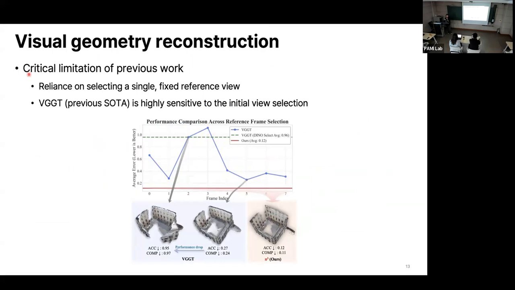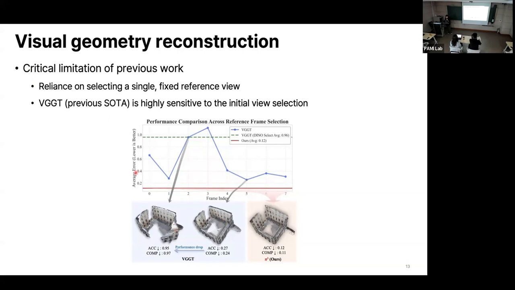But this previous work also has some critical limitations, and this paper points out these limitations. The most important thing is the high reliance on selecting a single reference frame. The previous method, VGGT, is highly sensitive to the initial frame selection.